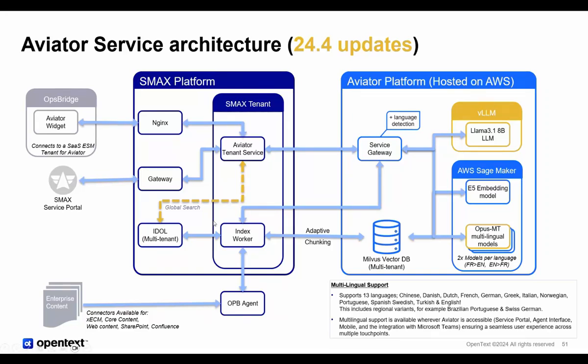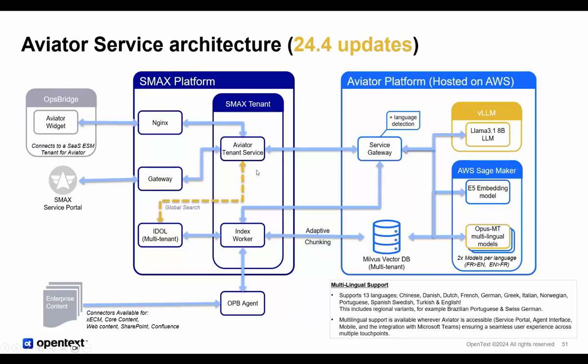I've also highlighted how the global search works here. When a query comes in, whether I'm typing in the portal or through the widget, the Aviator service that runs at the tenant level will do the query against IDOL as part of that global search, pull back appropriate results, and then that data set within the IDOL index will be passed through the loop to the Aviator platform to pull back the final answer that comes back to the user.